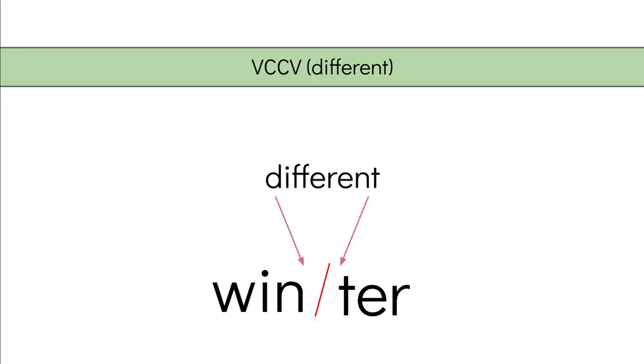But even though they're different, they still follow the same rule. If a vowel comes before two consonants, it will make the short vowel sound. So for this sort, we've called this a vowel consonant vowel word, different just meaning different consonants.